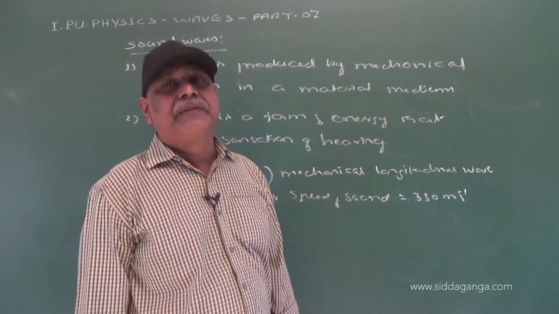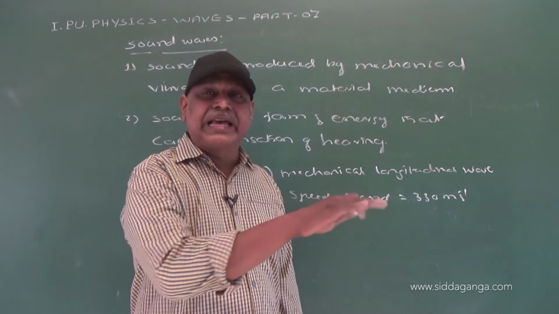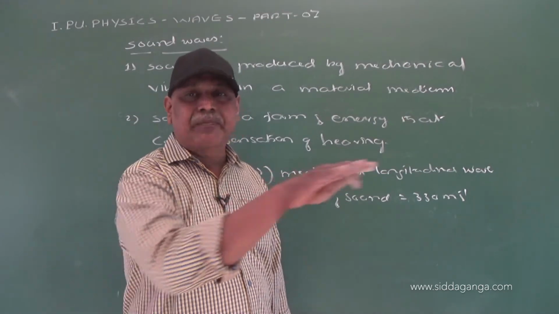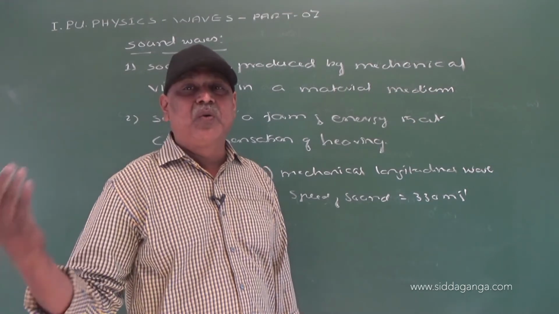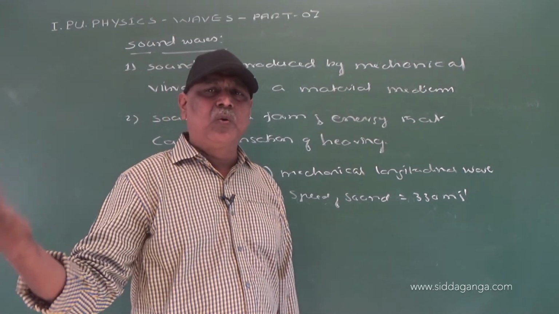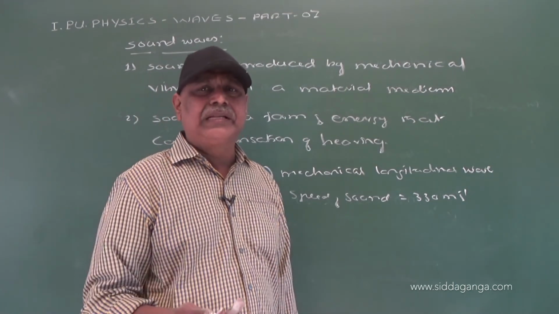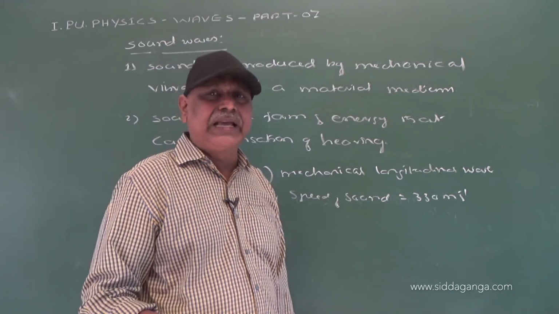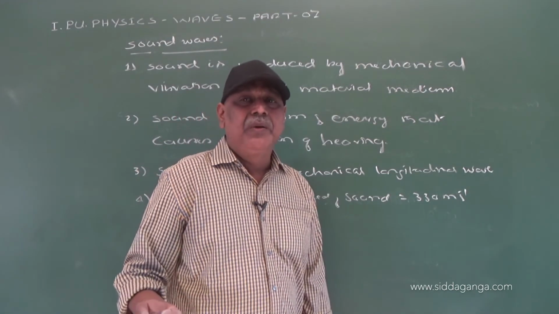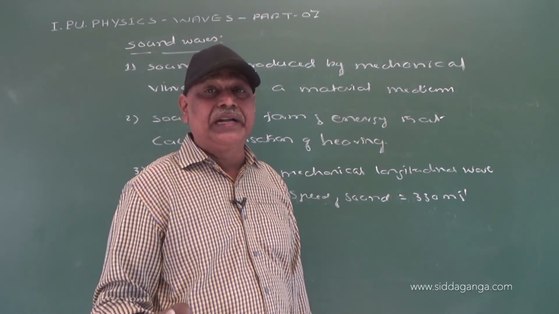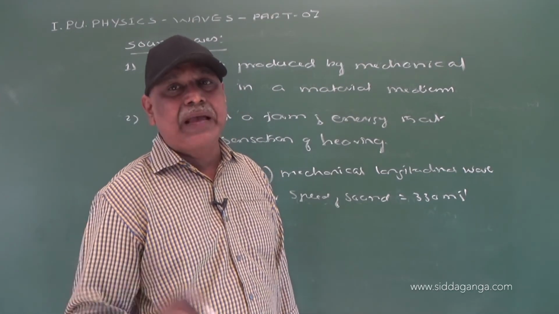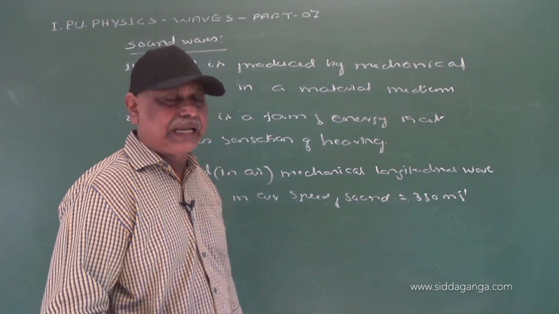You might have heard of the speeds of missiles and war planes, where they are moving at 1 Mach, 2 Mach, 3 Mach. Nowadays there are some missiles supposed to be moving at a speed of 17 to 20 Mach. 1 Mach means 330 meter per second.